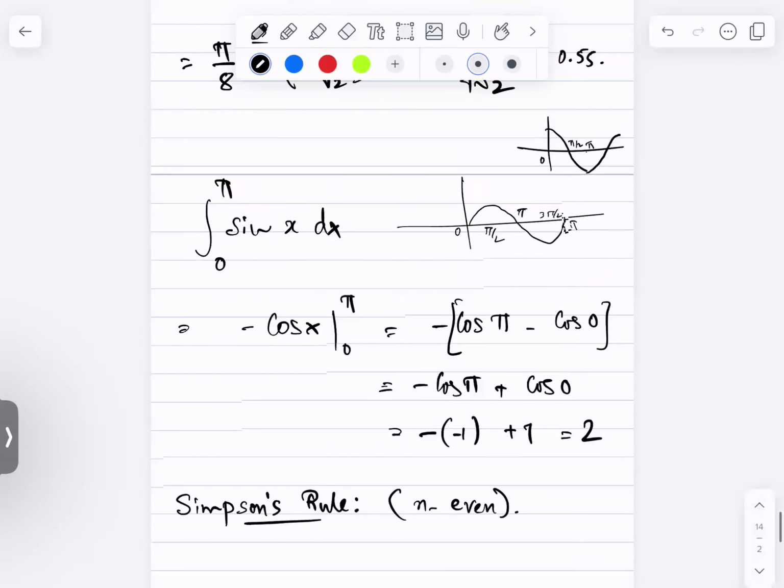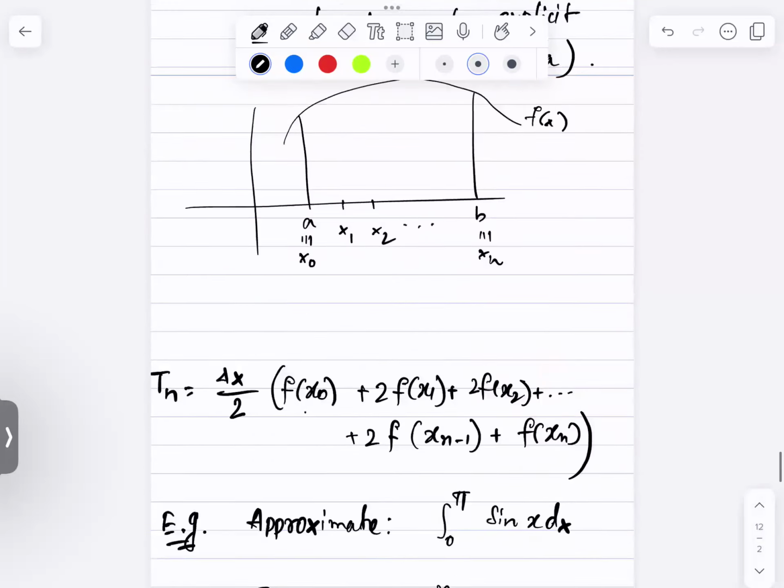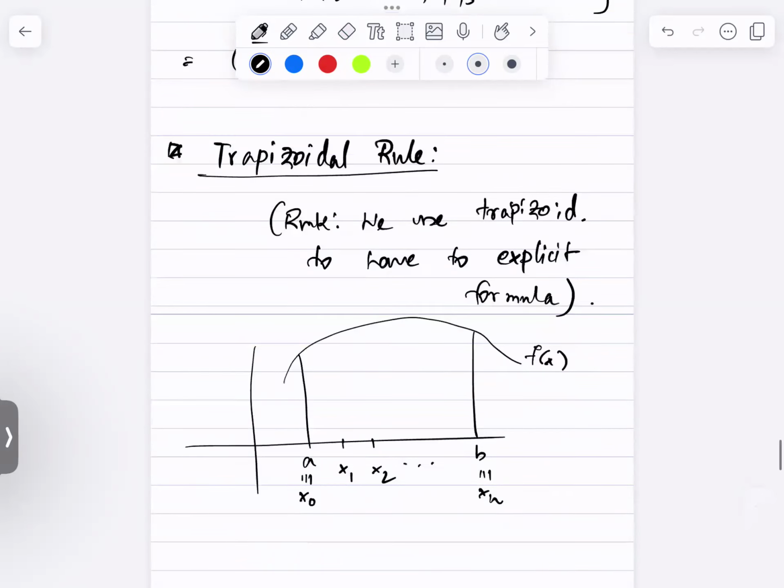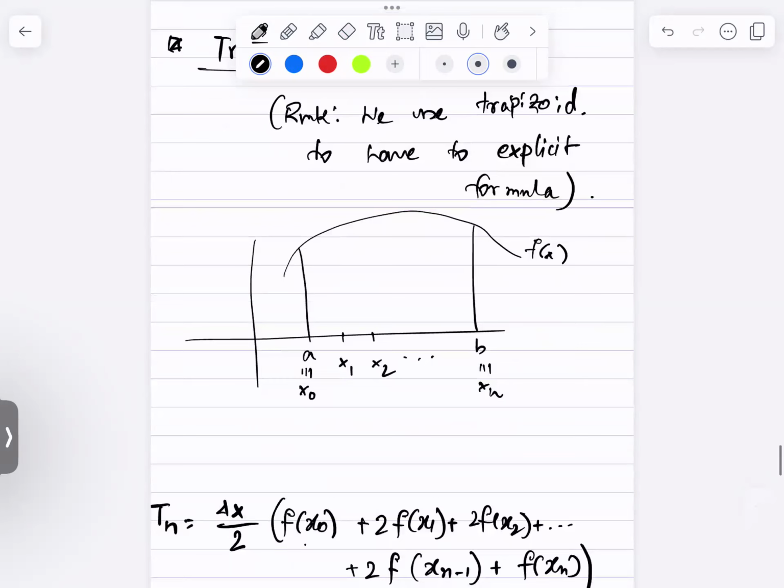Oh, sorry, I made one mistake before. The trapezoidal rule uses trapezoids to get the explicit formula. For example, they approximate like this.